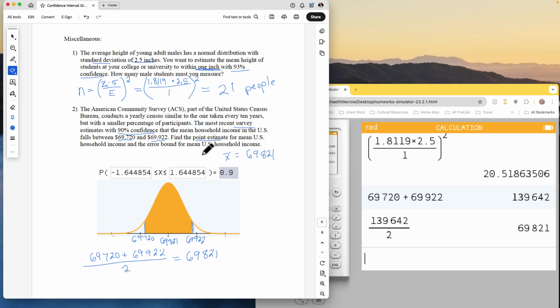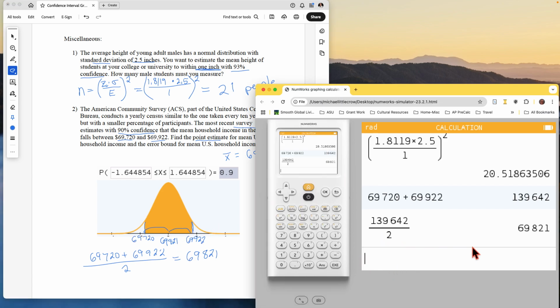And then what they want to find is the error bound. How much is the error? Well, it's how much goes from here to here or here to here. So we could subtract this mean of 69,821 from either one of these, and that gives us our boundary. So I'm going to take the 69,821. So that's my answer. I'm going to subtract the smaller number.